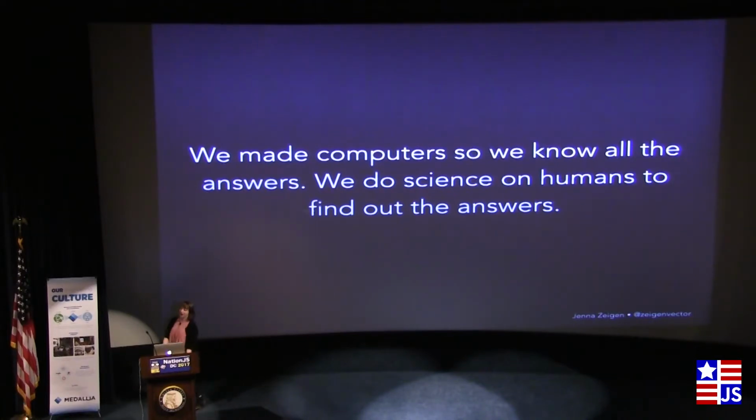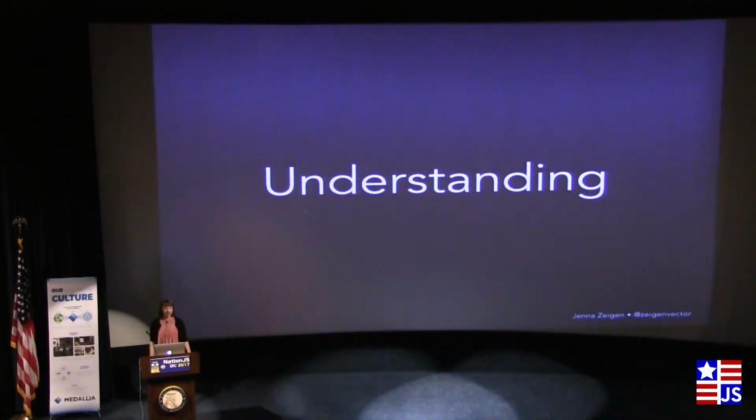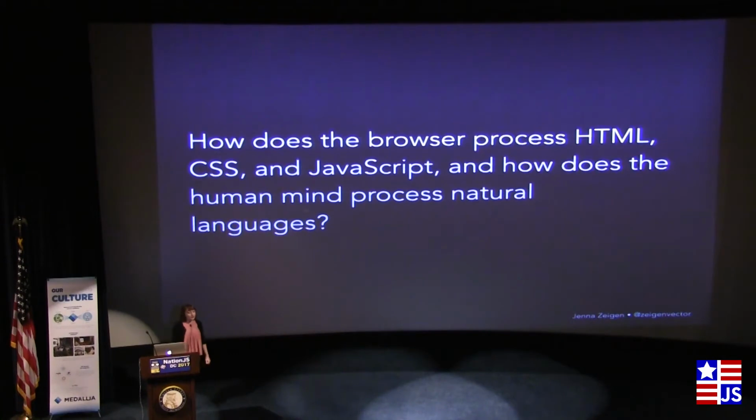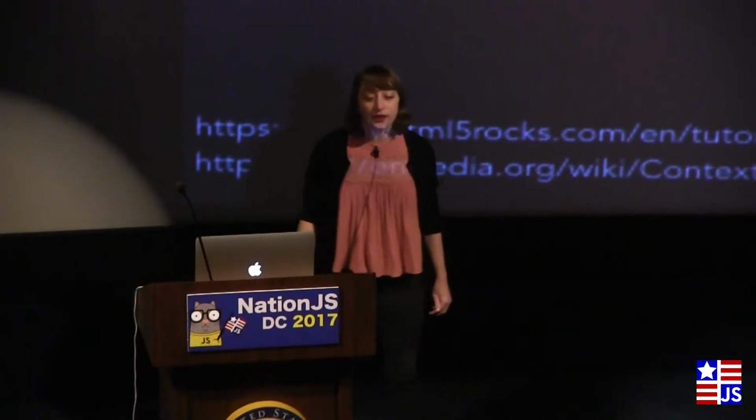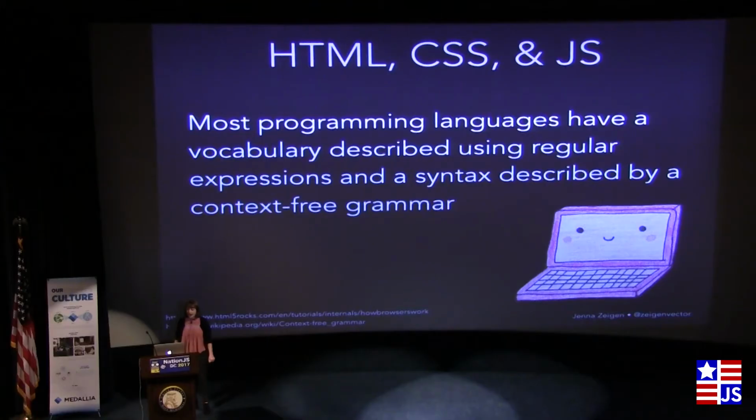All right, so let's start with understanding. So how does the browser process HTML, CSS, and JavaScript, and how does the human mind process natural languages? Most programming languages have a vocabulary described using regular expressions and a syntax that is described by a context-free grammar.